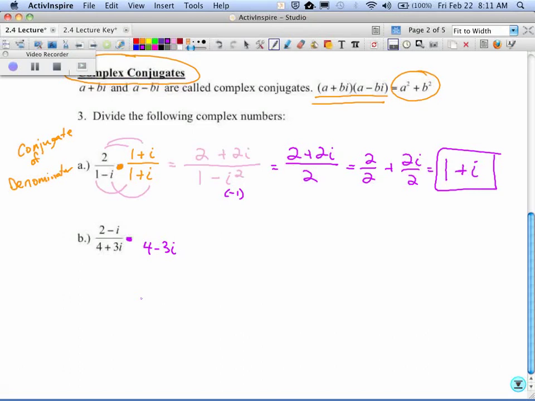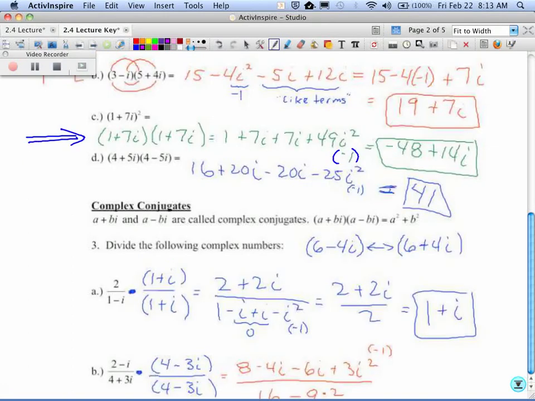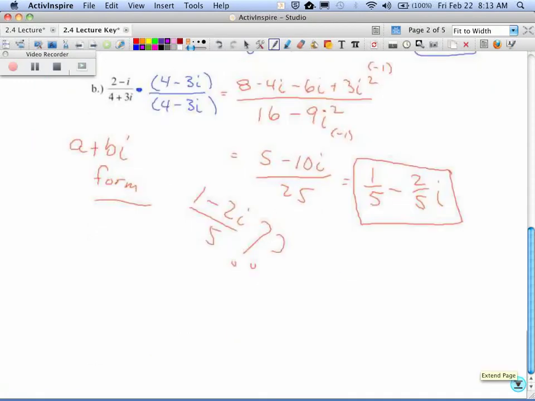So do this. Check with somebody sitting near you. What are you getting for an answer? You have to make sure you do the top. The top will be a full foiling or box method. You have to make sure the 2 and the negative i both get multiplied times the 4 and the negative 3i.